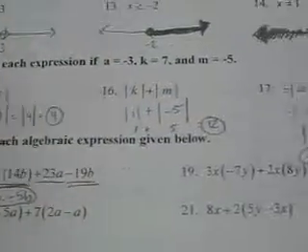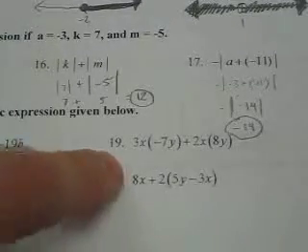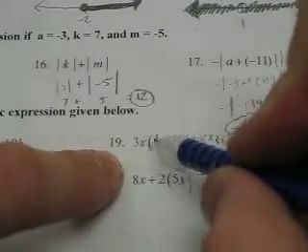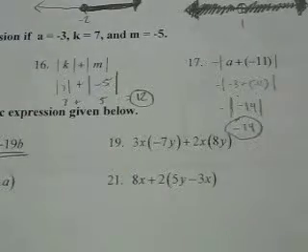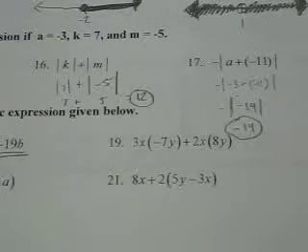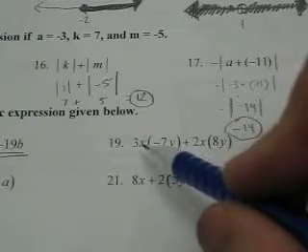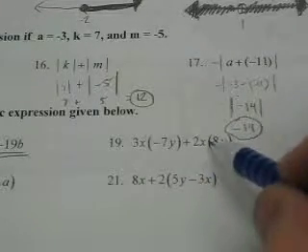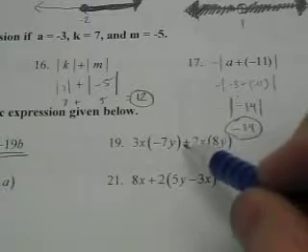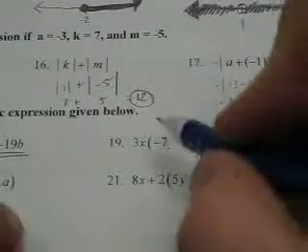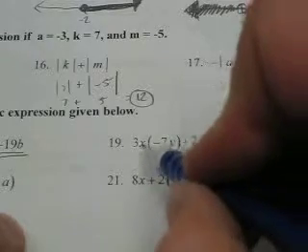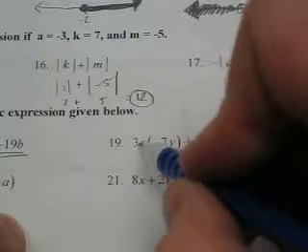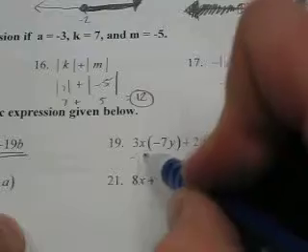Number 19. On number 19, now we have multiplication, addition, and multiplication. Again, even when we're dealing with variables, we're still going to use the order of operations. So since we have multiplication here and multiplication here, we're going to do that before we even think about adding. So we need to multiply 3x times -7y. 3 times -7 is -21.